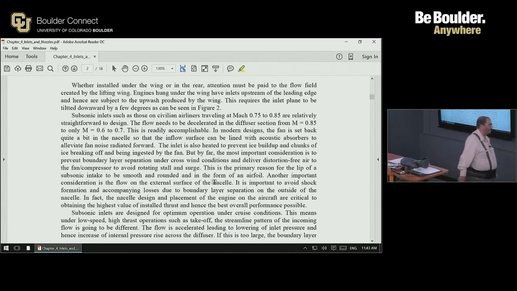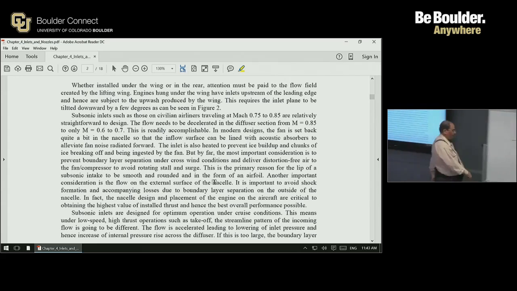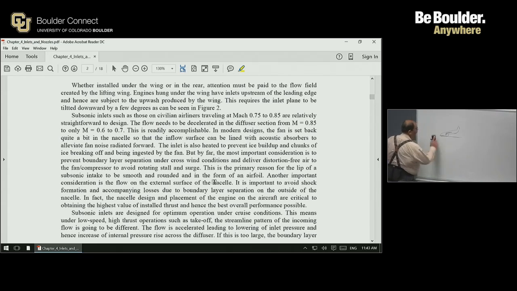In that particular situation, there is no motion, Mach number is 0, and therefore the flow that comes into the engine, the stream tubes, look like this.